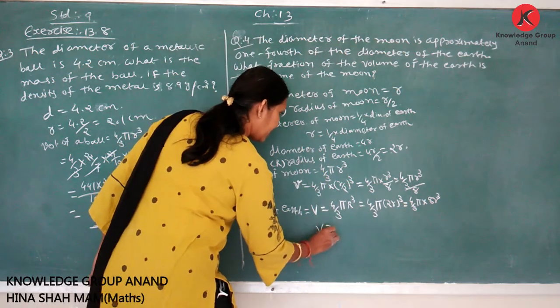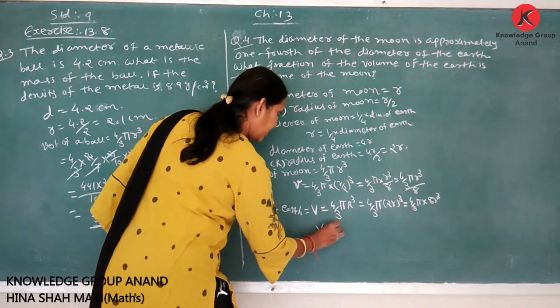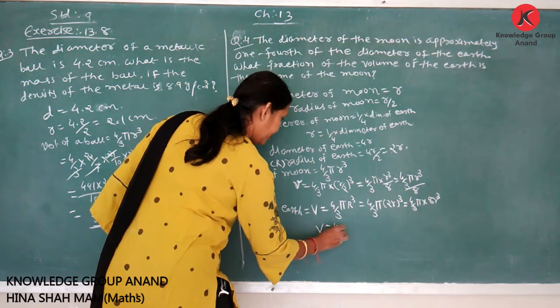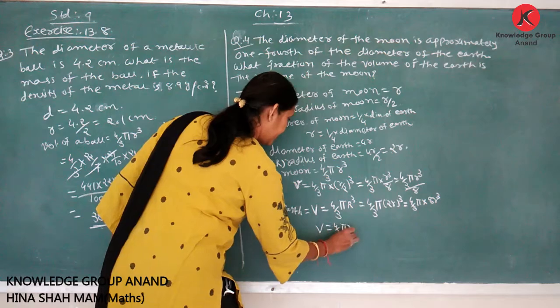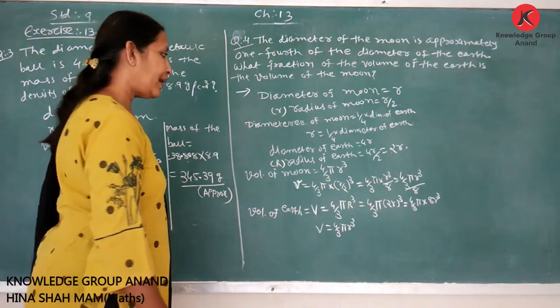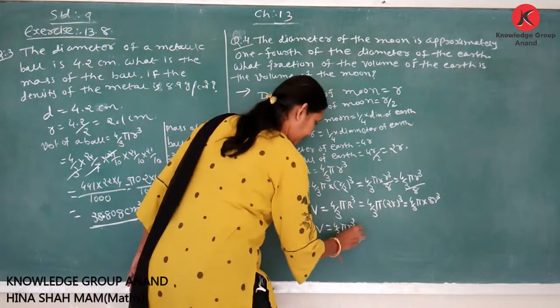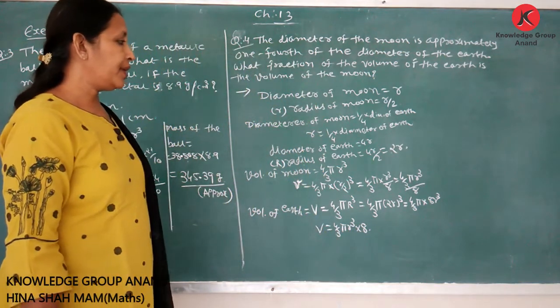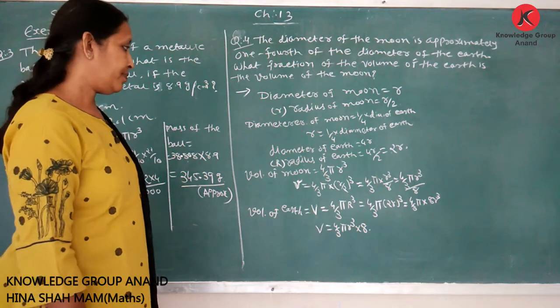So V is equal to 4 by 3 pi R cube into 8.